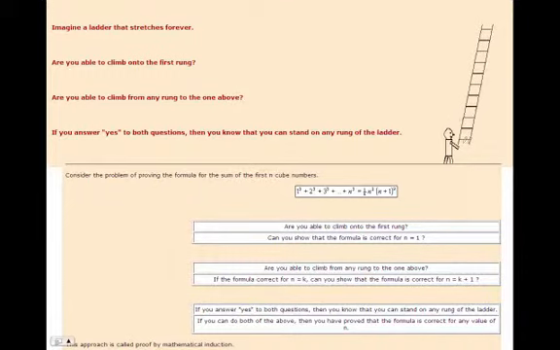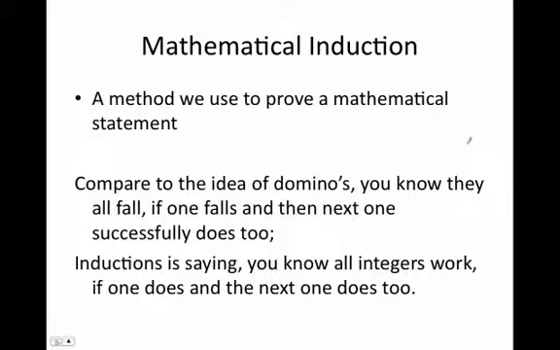Another way to visualize this is if you can say that the first basis of a formula is solid and it works, and you assume that any integer is going to work for your formula, then as long as you can prove the next integer will work, you've proven that they'll all work. This will go on forever no matter what integer you plug in.